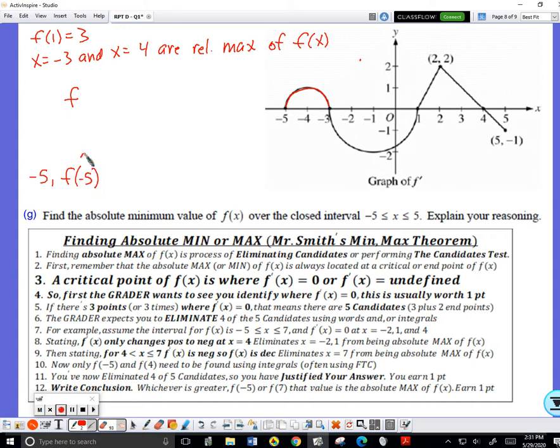And then f would go up because f prime has positive y-coordinates. Then f turns at x equal negative 3. Now because f prime has negative y-coordinates, f is going down. So we get here to x equal 1. Then f goes back up again because f prime has positive y-coordinates.